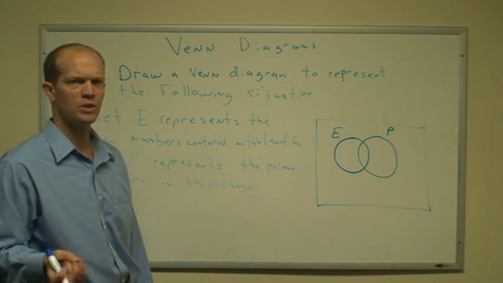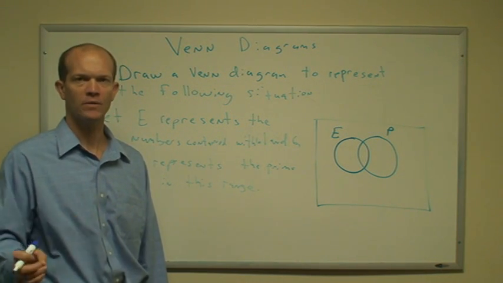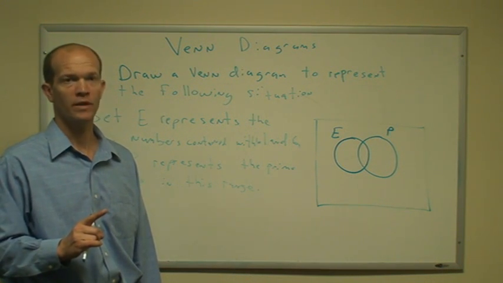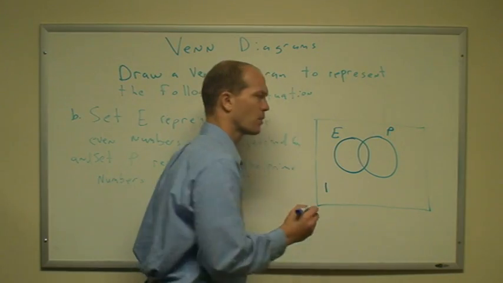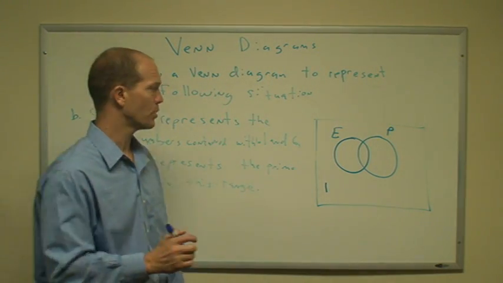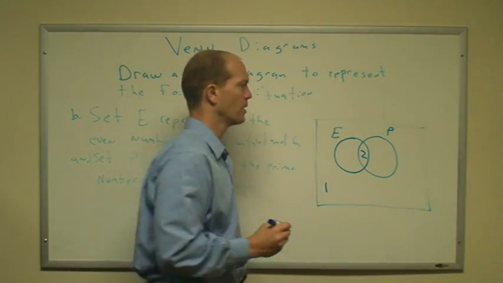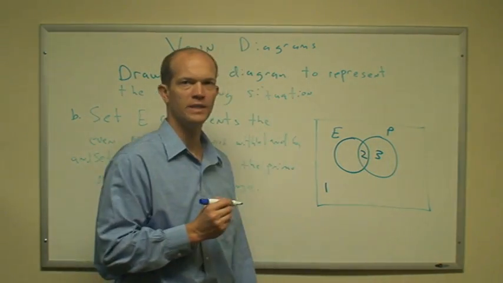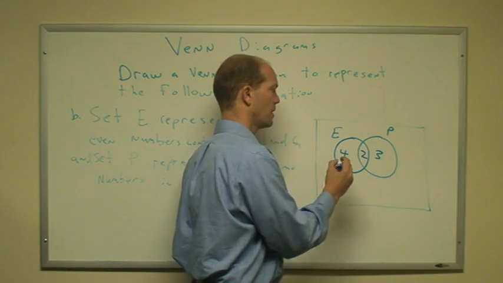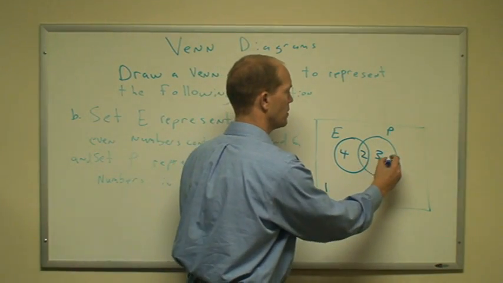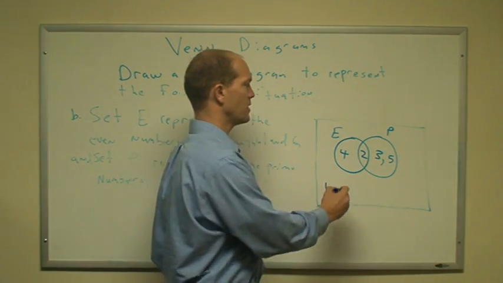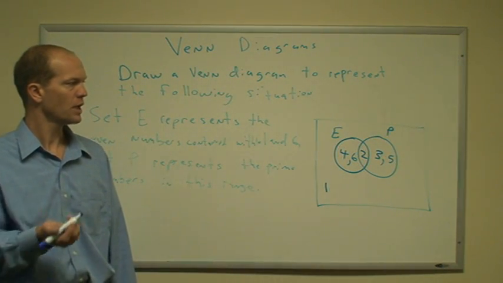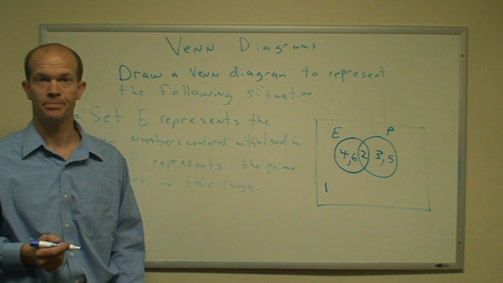And in this example, somewhat different than I did last time, I'm going to list out the elements in there. If I go through the numbers, 1 is neither prime nor even. It's going to go out here. 2 is even and prime. It'll go right here. 3 is prime but not even. 4 is even but not prime. 5 is prime and not even. 6 is even and not prime. So listing out all of the elements there in the universal set, I've got my Venn diagram drawn.